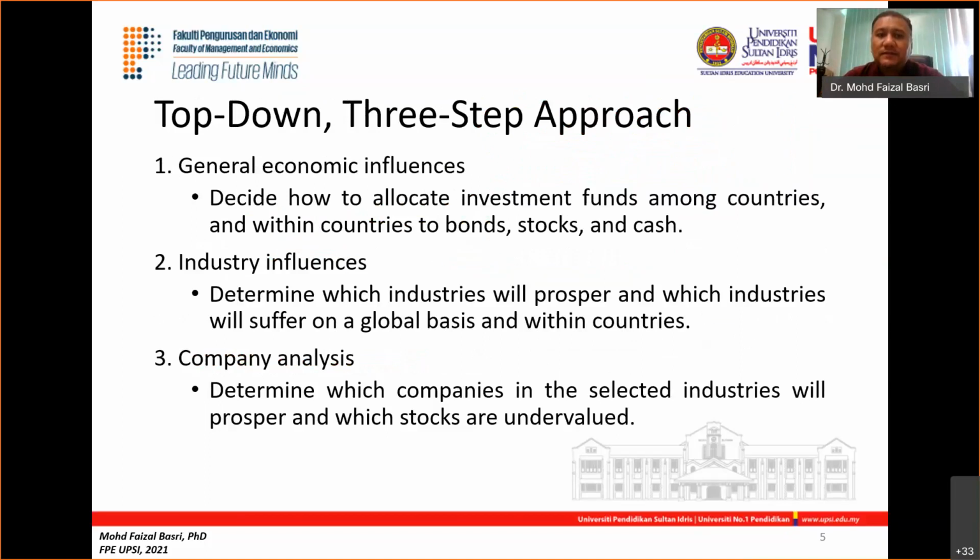First, we're going to look at the general economic influences. Usually when we do this analysis, it depends on the investor, obviously, but let's say you want to look at the general overview of the economy throughout the world.